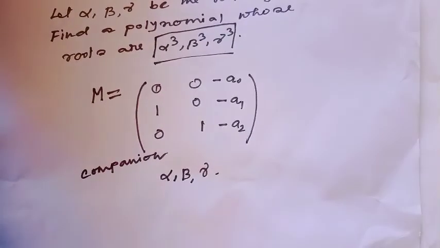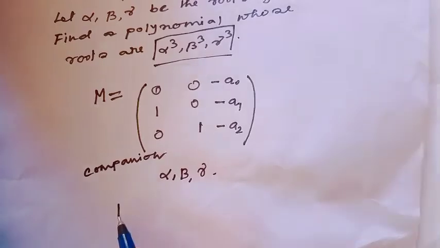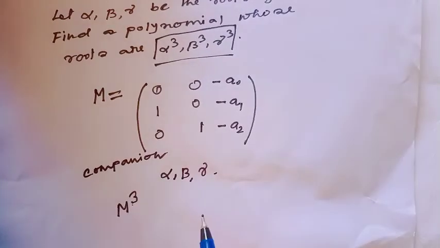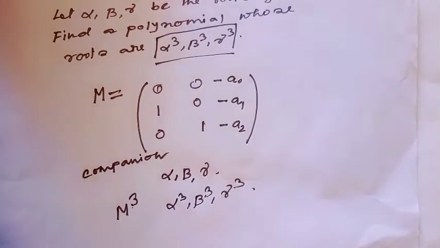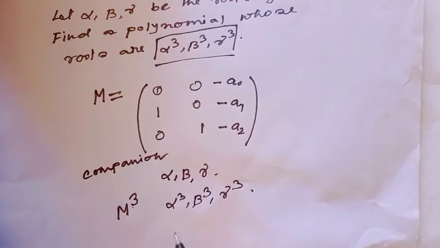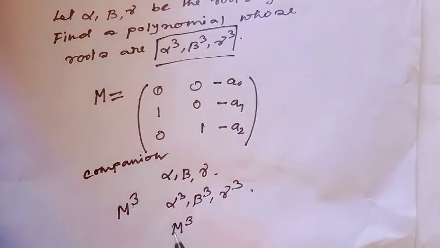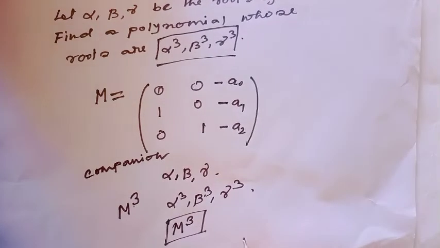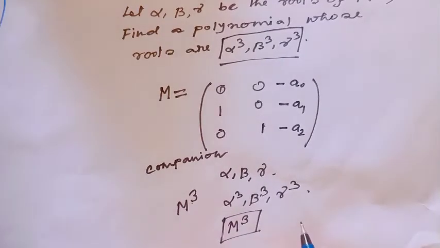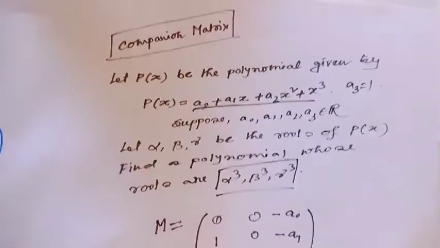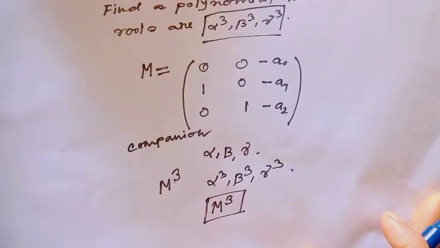That means in linear algebra we have to find M cube, and we all know the roots of M cube would be alpha cube, beta cube, gamma cube. Try yourself: first find the matrix M cube, then find the characteristic polynomial of M cube and find the roots. Are you getting the idea? What is the companion matrix? How do we find the companion matrix?